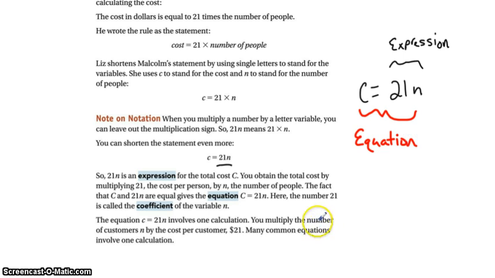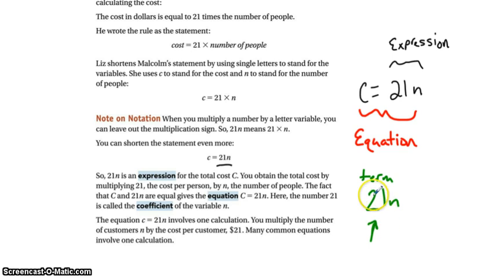Now, in the expression 21N, and this is some vocabulary for you, the 21 is a term. I'll write that out, and I know I said that three times, but it's okay.